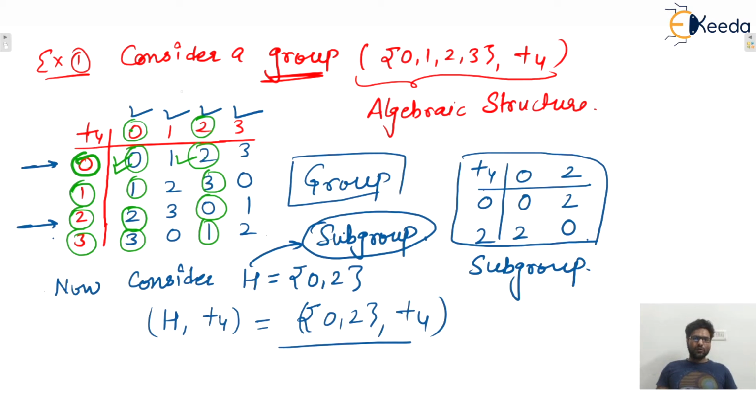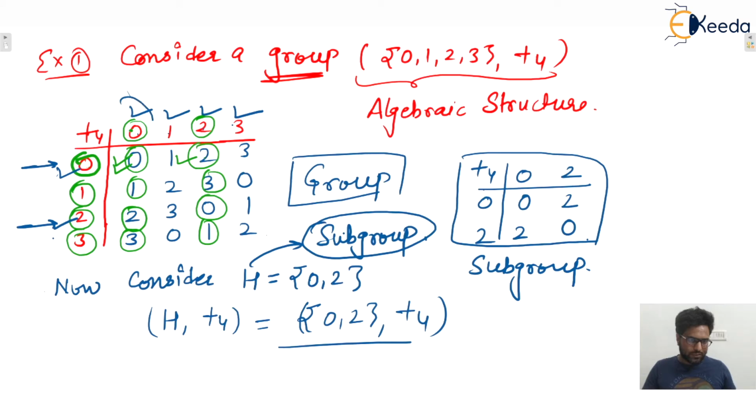Right to left means that here A will be on the right hand side. So A is 0, 1, 2, 3, all elements, and in the subgroup only two elements are there, 0 and 2, and that will be on the left hand side.